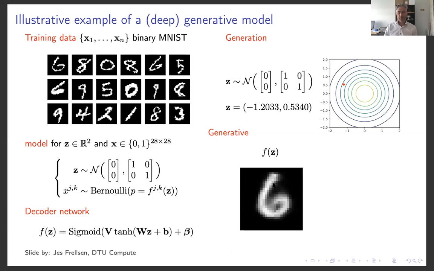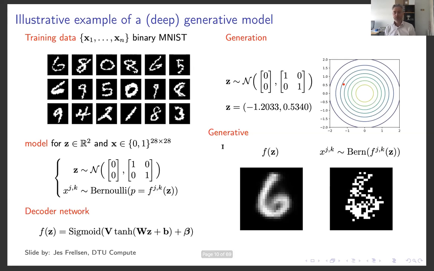So what we've illustrated here are the mean probabilities that this specific pixel is on. But we are not done yet, because in order to generate the data, we actually have to flip a coin with these probabilities, and that gives rise to this not so nice looking image, but it's following the probabilistic model we have.